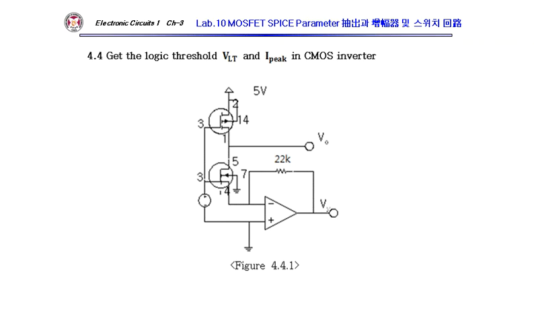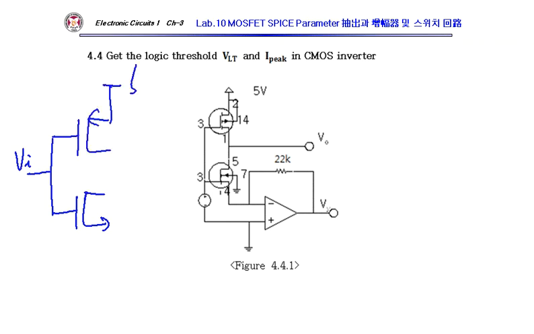For the CMOS inverter, I have both NMOS and PMOS here. So this is 5 volts. I have NMOS here, I have a PMOS there.